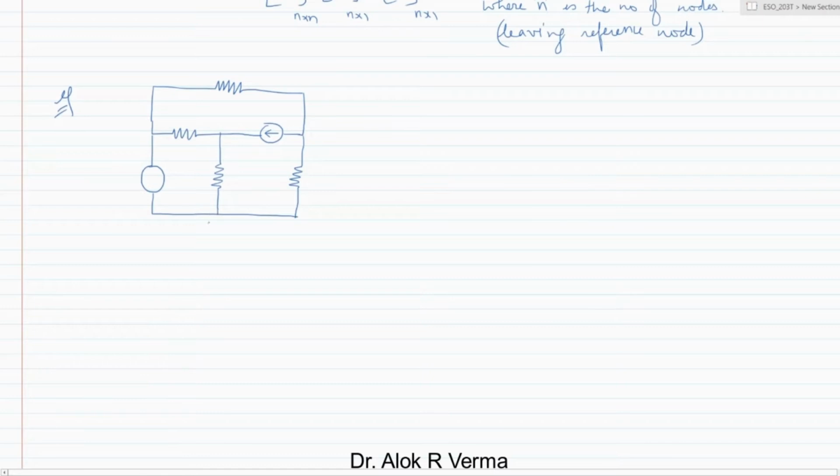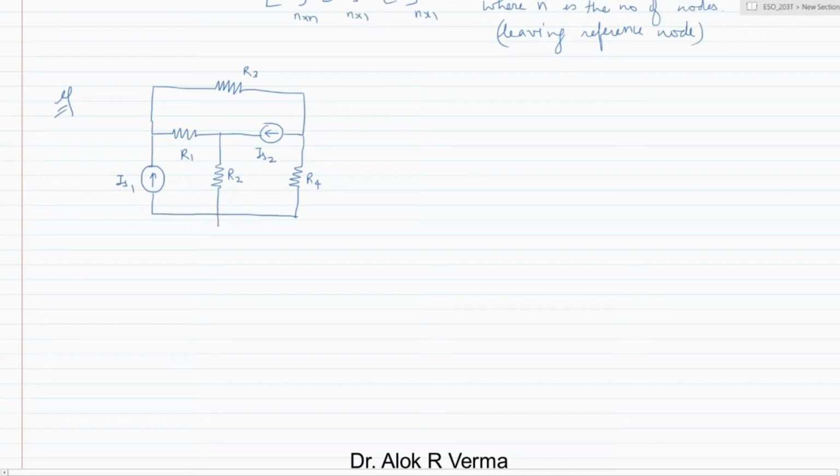In this particular circuit, how many nodes you can see? Let me know the total number of nodes. So suppose this is IS1, this is IS2, R1, R2, R3, R4. Okay, so this is the given circuit. So identify the number of nodes.